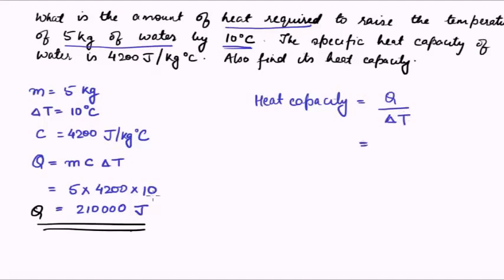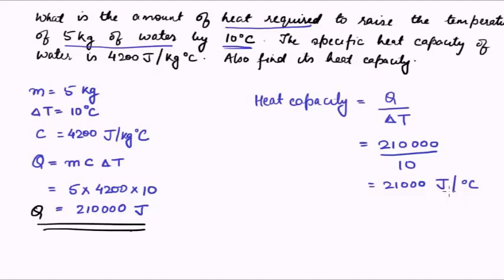Now we have Q as 210,000 joules, and we know that the rise in temperature was 10 degrees Celsius. So 10 degrees C, this will be joule, this will be degree Celsius. That will give us 21,000 joule per degree Celsius, or 21,000 joule per Kelvin.